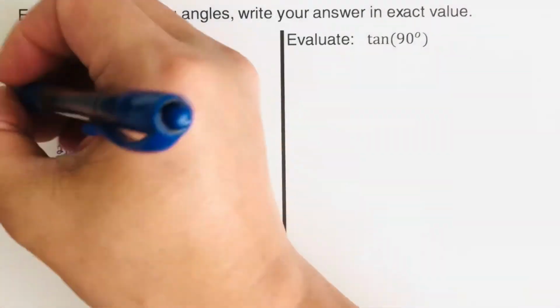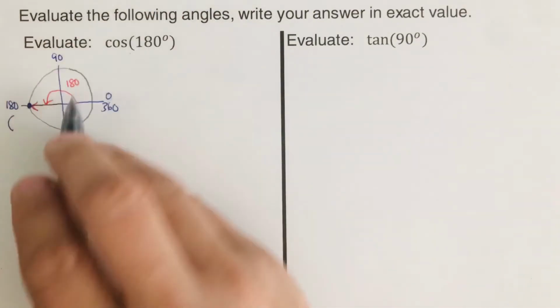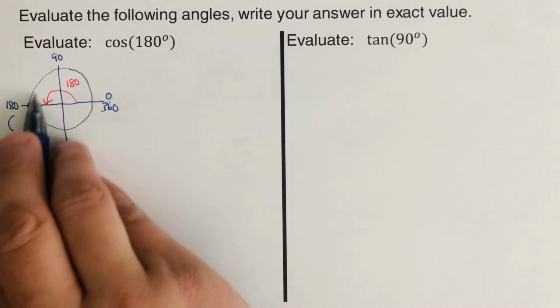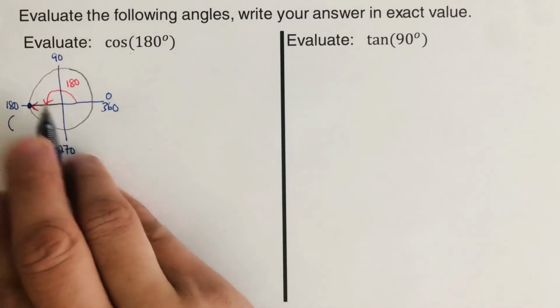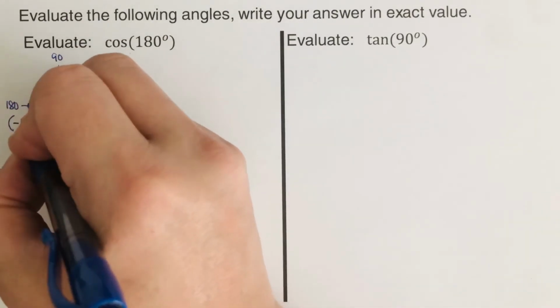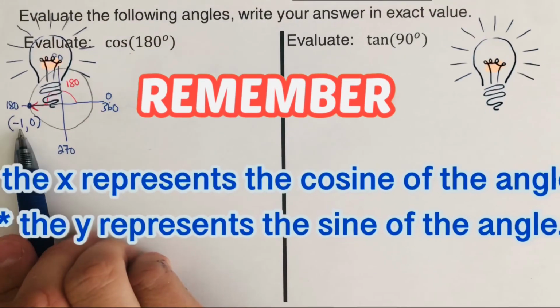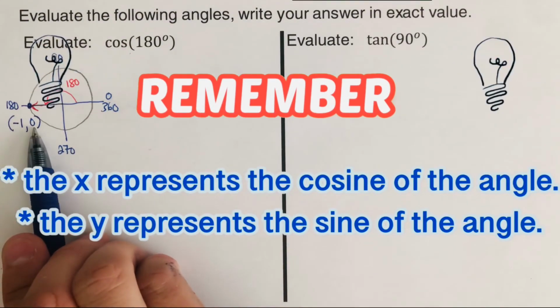So then we can go ahead and say that this point right here has a coordinate of, again, remember the radius of this unit circle is 1. So I go ahead and write that as -1 because that's going to the left. And then the y is 0. Again, we remember that the x represents the cosine of the angle. And then the y represents the sine of the angle.